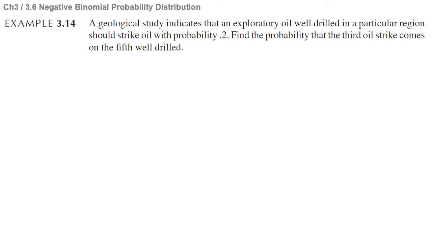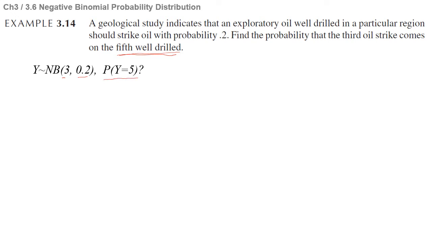So we try to find oil 5 times, and then we want to find the probability that the third oil strike comes. So it follows a negative binomial distribution with 3 and probability 0.2. And we want to find the probability that the third oil strike comes on the fifth well drilled, which is the probability of Y equals 5.